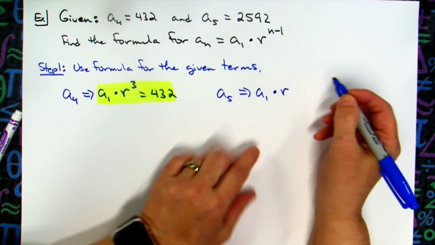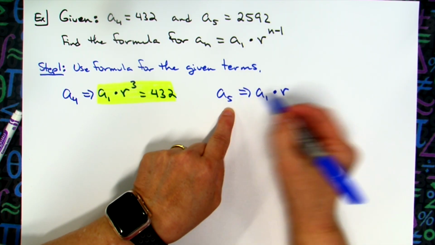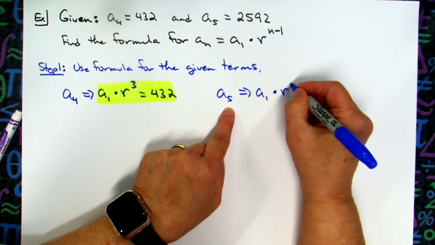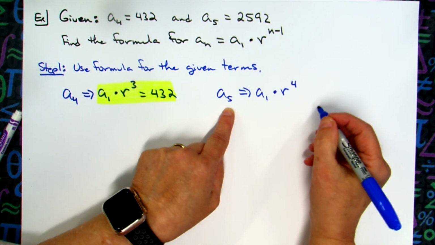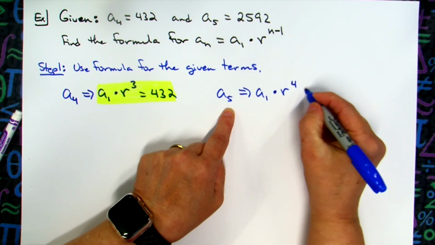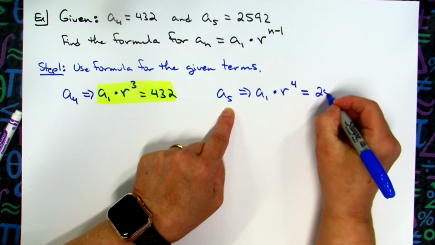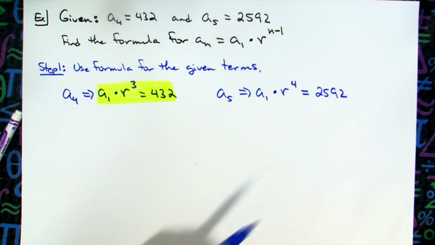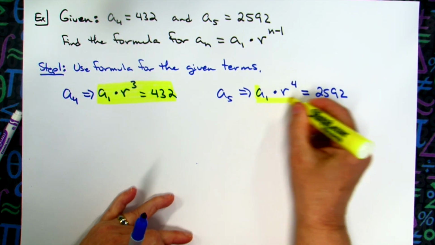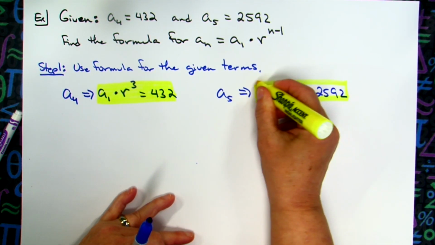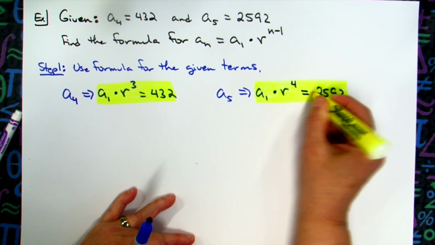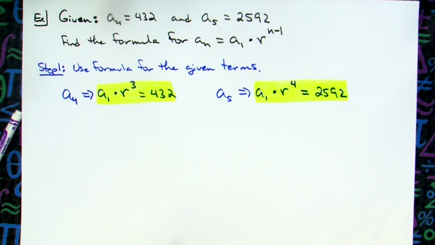I don't know r, but if n is 5, then my exponent on this one has to be 5 minus 1, or 4. And I was given that the 5th term is equal to 2592, so this has to be equal to 2592. Okay, so I have written those two terms and put them into those formulas. All right, so far so good?